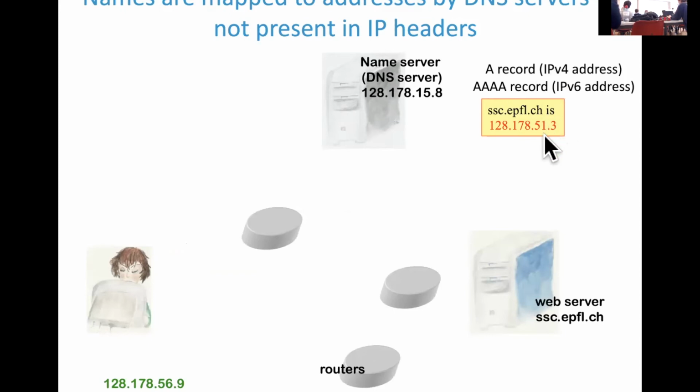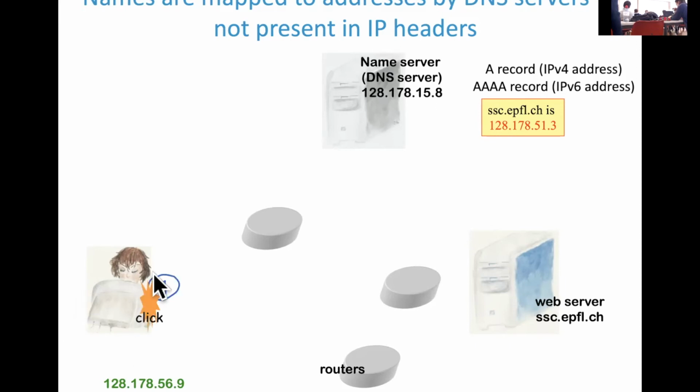For example, in this DNS server, it is written that this server of EPFO has this IP address. And whenever your computer is configured, it must have the address of a valid DNS server. This we will see in the lab. If it doesn't have a valid DNS server, you cannot even ping google.com, if the address of Google is not cached in your computer.